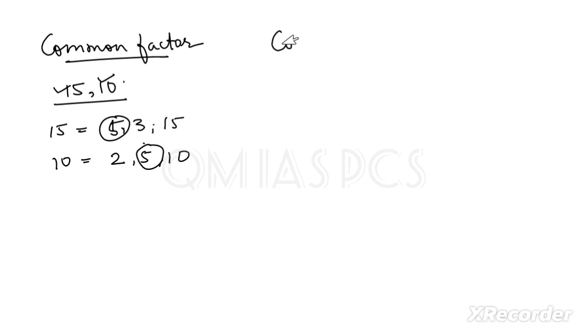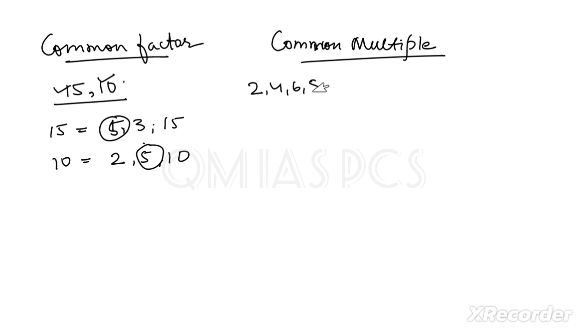Likewise, there is a topic like common multiples. If I say write the multiples of 2: 2, 4, 6, 8, 10, 12, 14, 16. Write down the multiples of 3: that would be 3, 6, 9, 12, 15, then 18 and 21, like this.